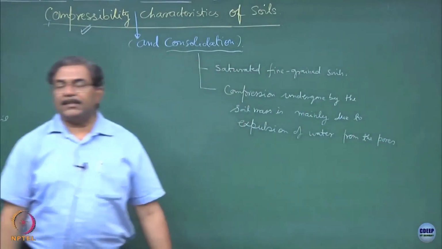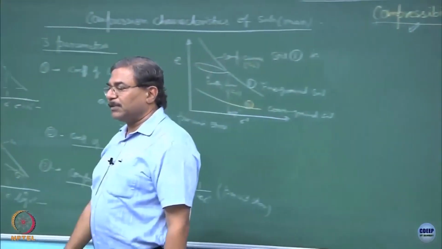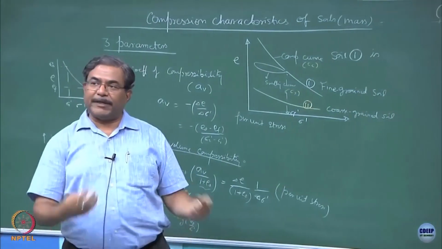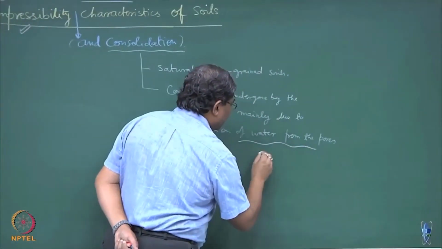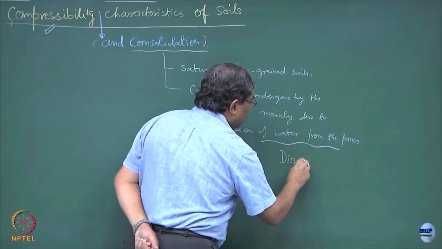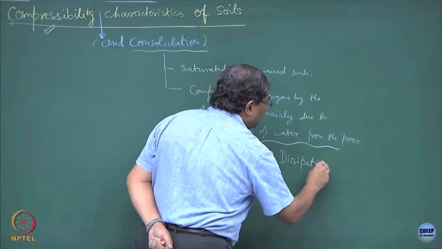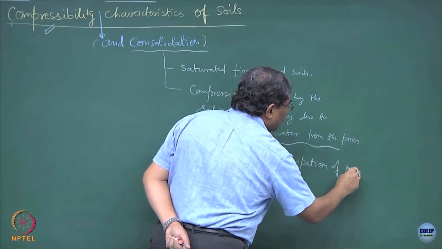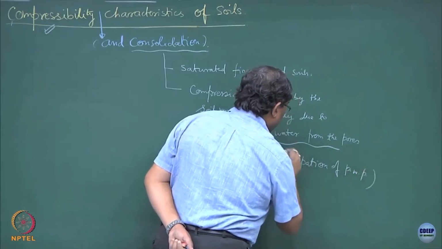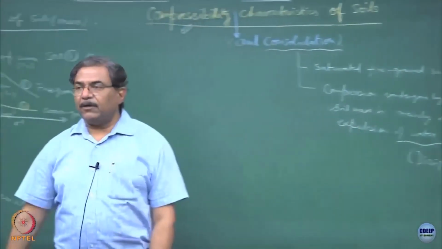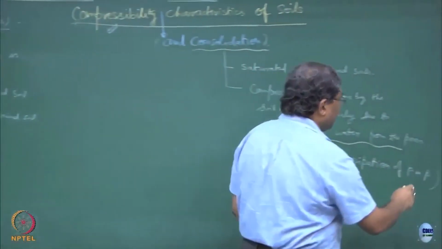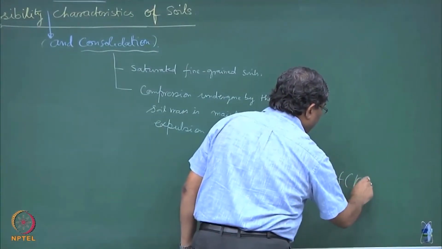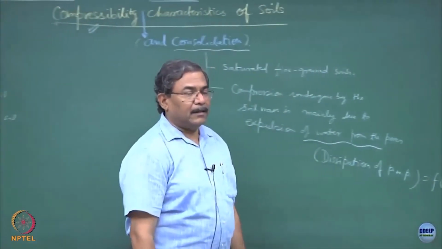I hope you can realize that this expulsion of water from the pores is nothing but the pore pressure getting dissipated. So, we call this dissipation of pore pressure also. Clear? And dissipation of pore pressure is a function of hydraulic conductivity and the type of the soil.